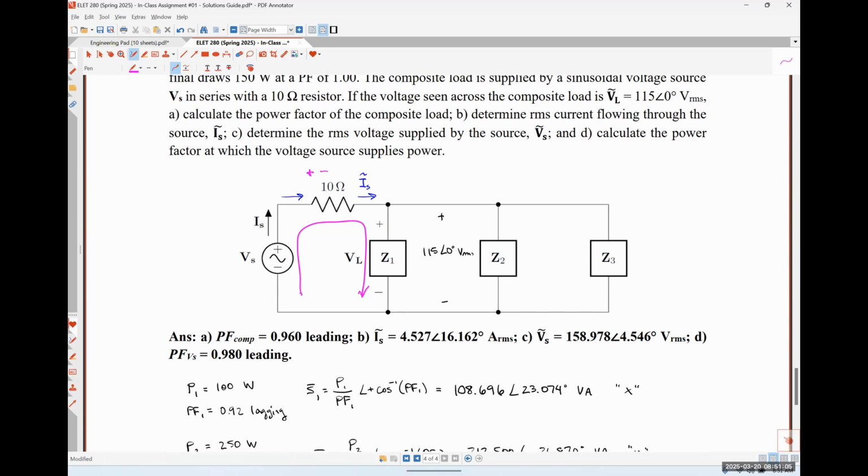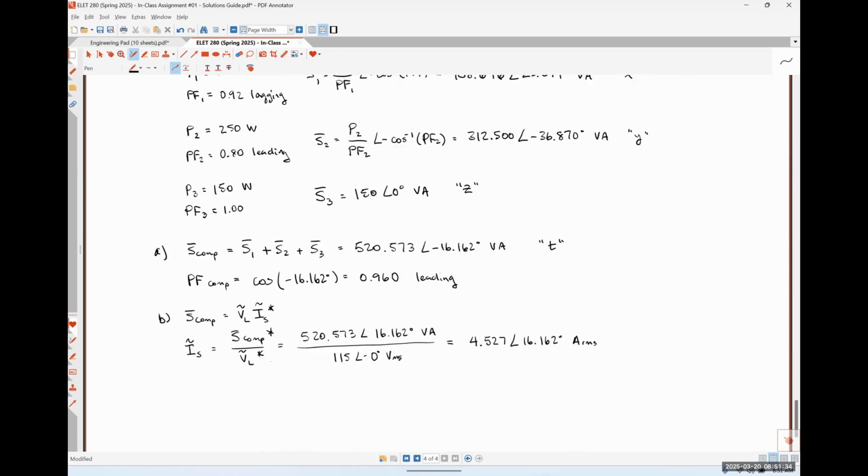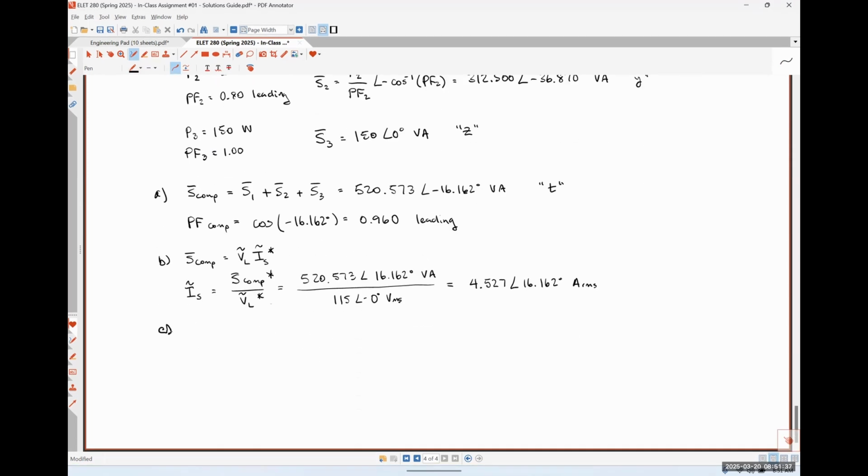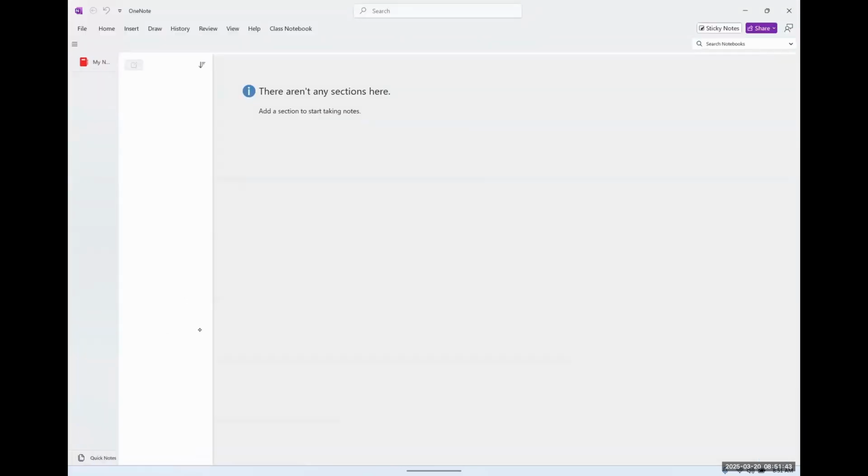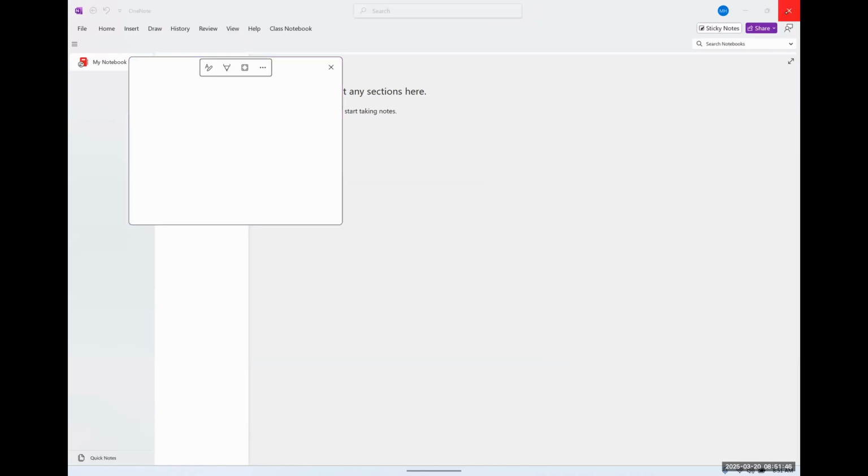So if I call that voltage V10, I would have V10 plus VL. I don't know why my stylus is being a little odd. Goodness gracious, this is annoying me. I don't want to open up OneNote. I hate OneNote so much.